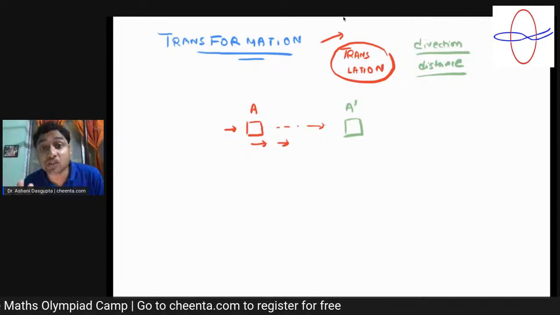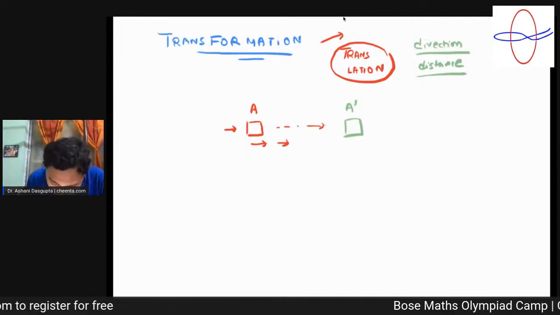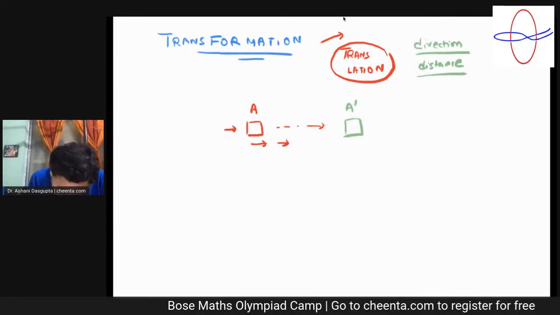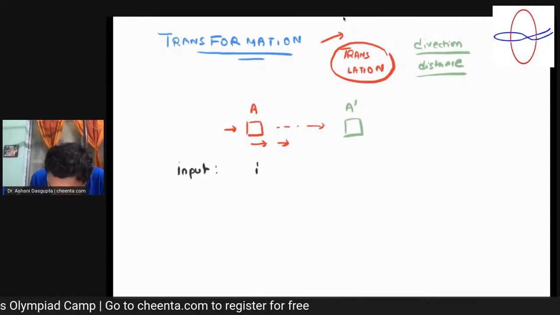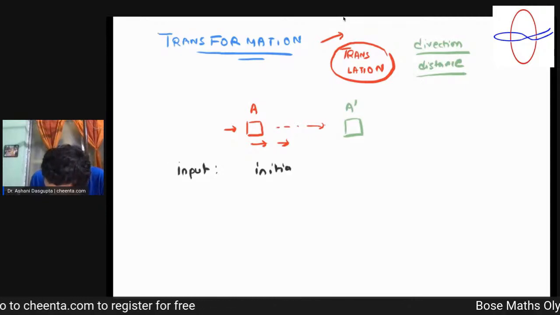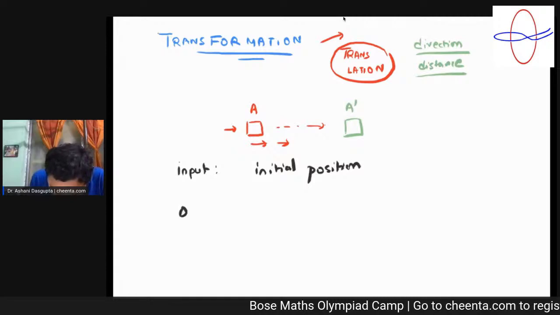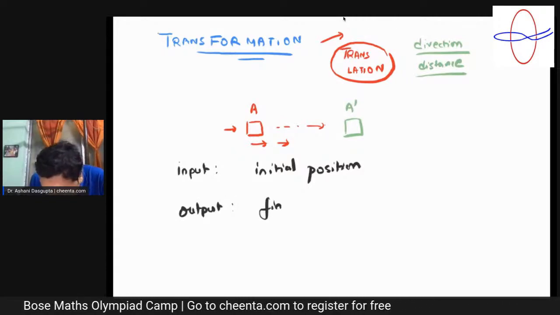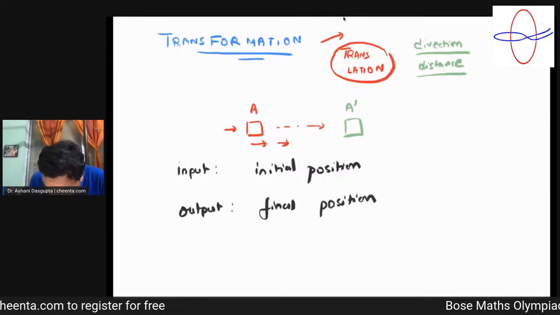So let me put it down here like this. In geometric transformation, the input is the initial position, and the output is the final position of an object.